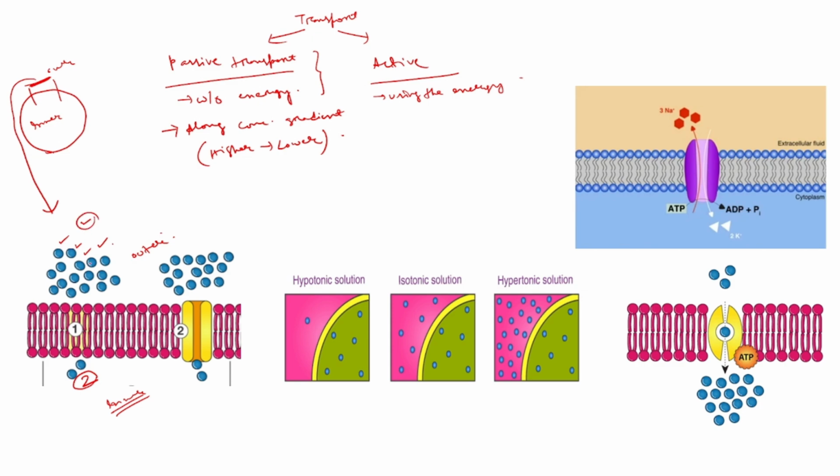So this molecule can directly pass from the higher concentration to the lower concentration, and this is called along the concentration gradient.